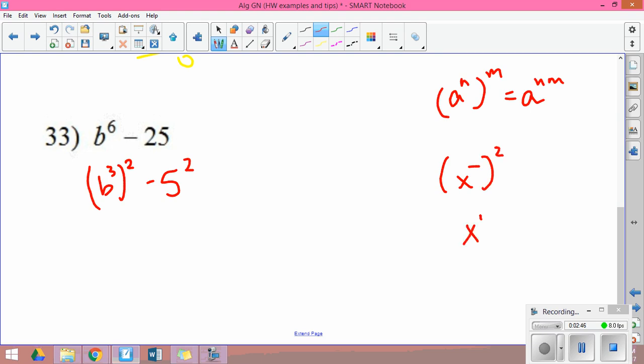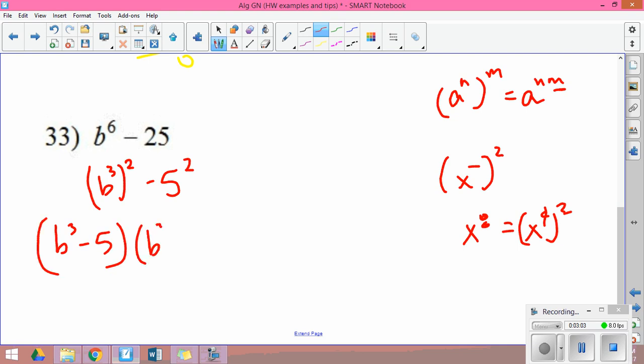For x to the 8th, I could think of that as x to the 4th squared, since 2 times 4 is 8. So my splitting, I would have b cubed minus 5 and b cubed plus 5, because this is like my a and the b is my 5.